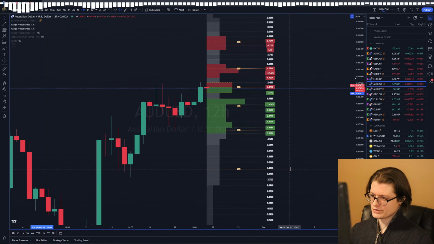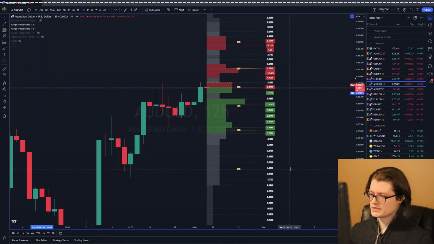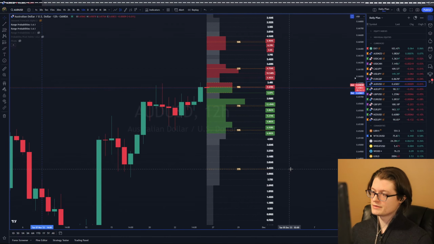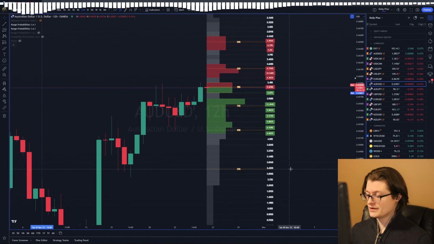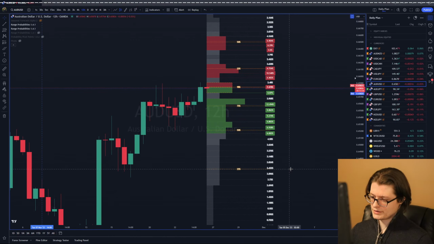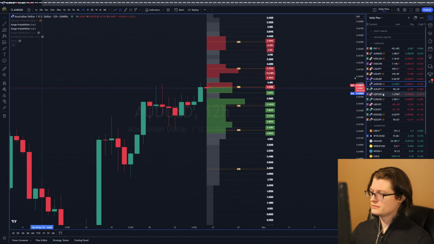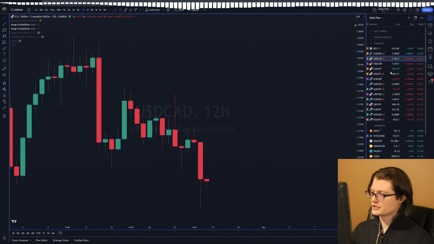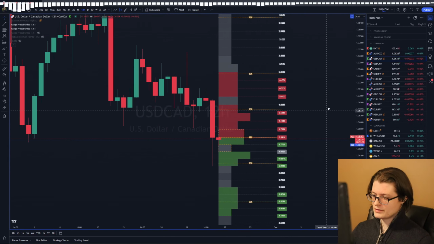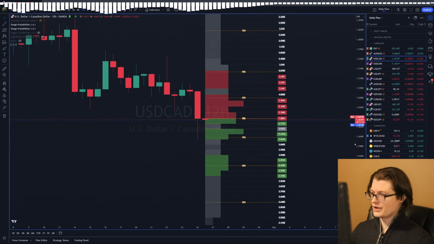The RBA, the Reserve Bank of Australia, is more likely to continue hiking. They're one of the few G7 central banks that actually is still hawkish. Unlike, let's say, the Bank of Canada in the USD CAD exchange rate. And yeah, they're not expected to hike.